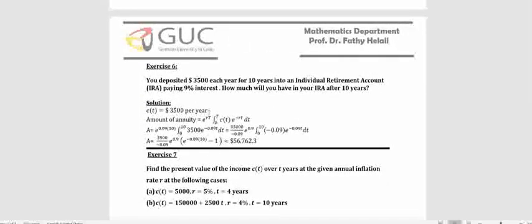So here, e to the power of r, which is 0.09 times 10. And from 0 to 10, that constant income function multiplied with e to the power of negative 0.09 t, and take care of the small t. It's not substituted with the term amount given. This t is instead the integrated t, and it's a direct integration of the exponential where we divide by the coefficient of the t like we did here.